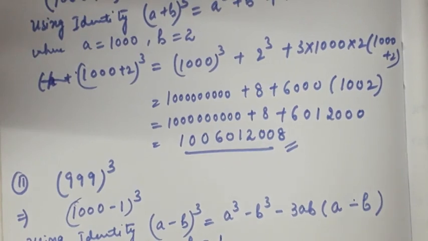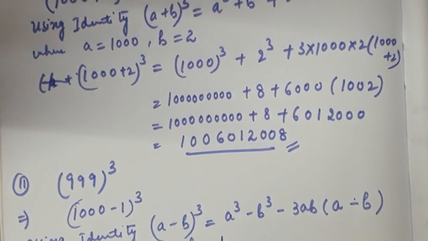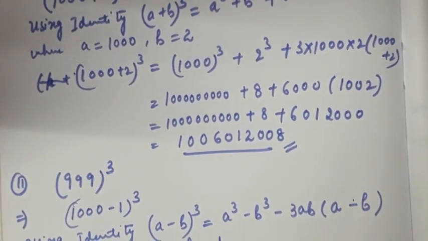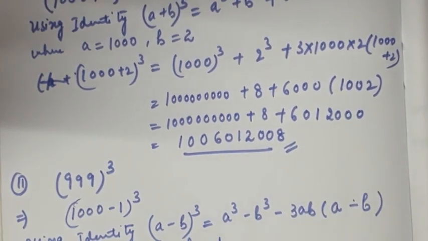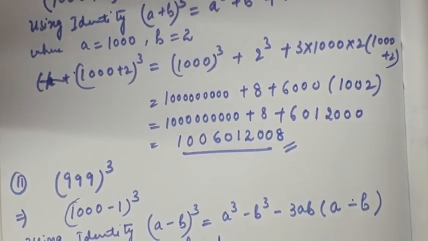1000 cube minus 1 cube minus 3 into 1000 into 1 into (1000 − 1). Just simplify it: minus 1 minus 3000 and 1000 minus 1 is, you know, 999.